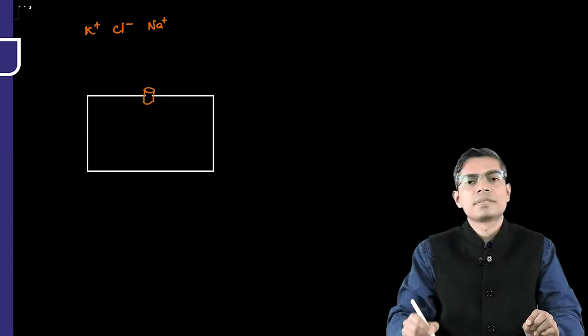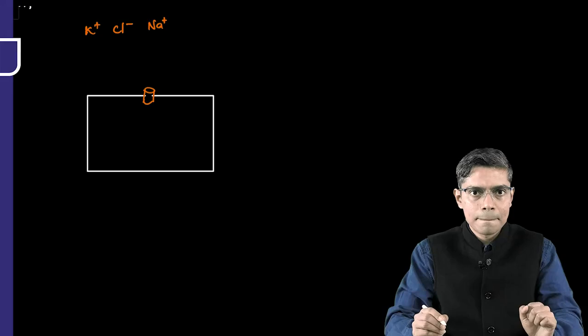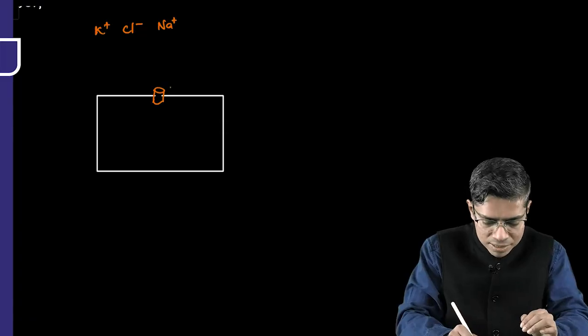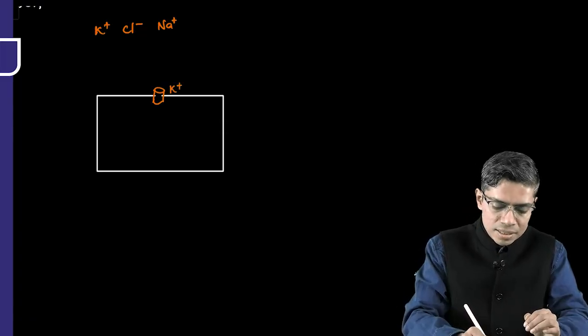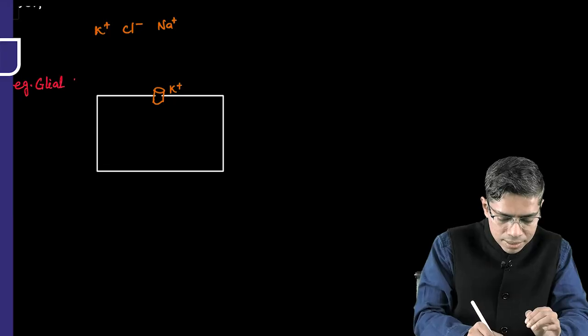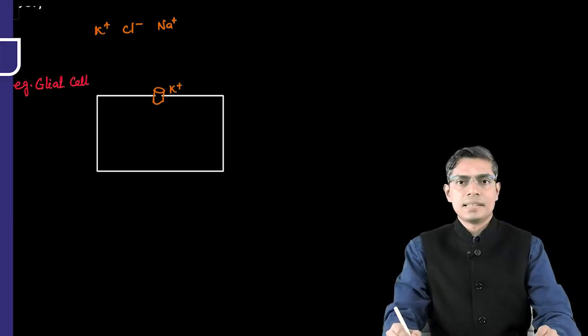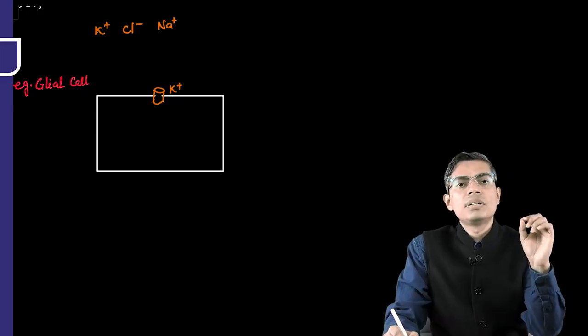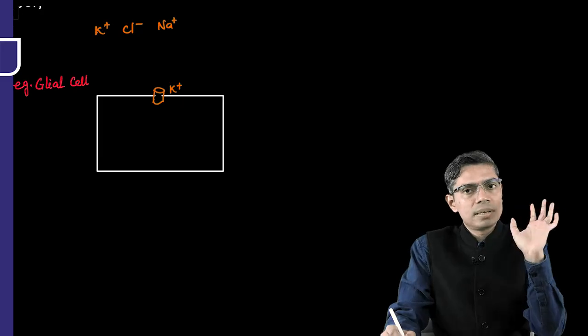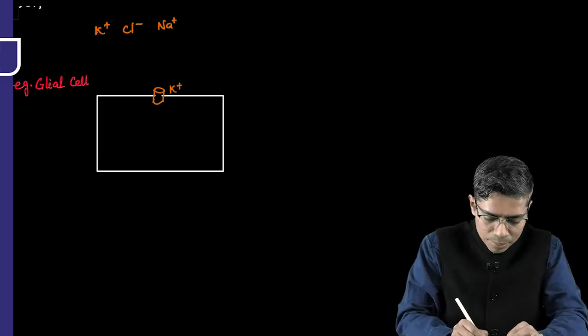Is there any example of this kind of cell where only potassium leak channels are present and other leak channels are not present? The answer is yes. This is nothing but an example of a glial cell. They contain only one type of resting channel, and that is the leak potassium channel. Because it's a mammalian cell, the potassium concentration will be very, very high. We all know.